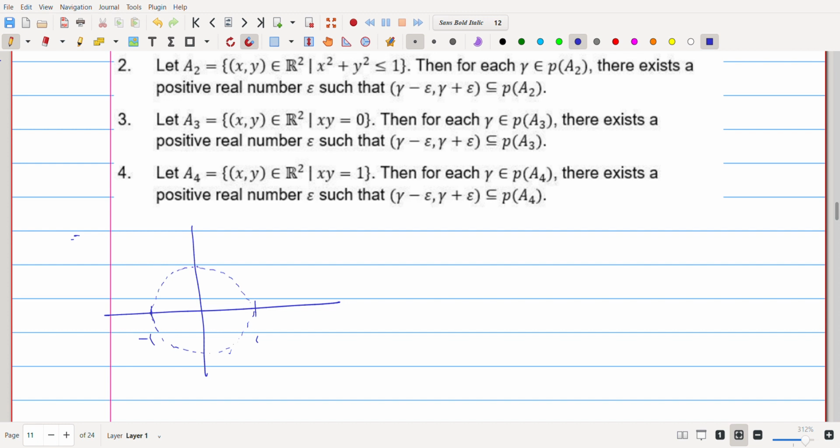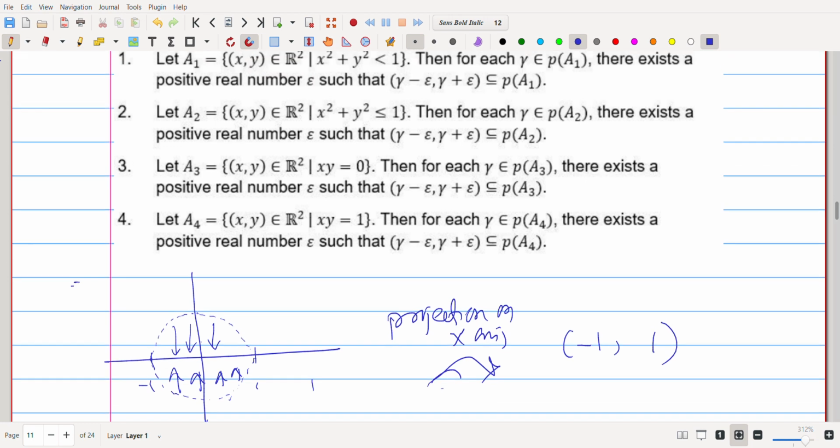And the boundary is excluded from the set. Now if you project it on the x-axis, you will get the open interval (-1, 1), right?